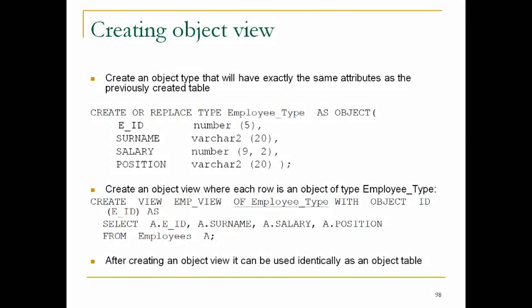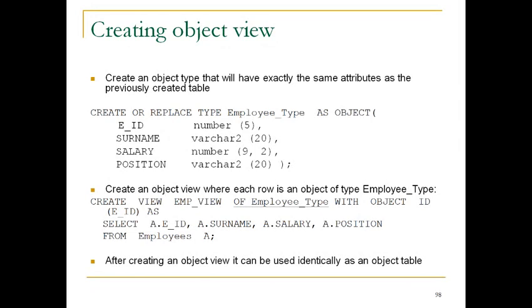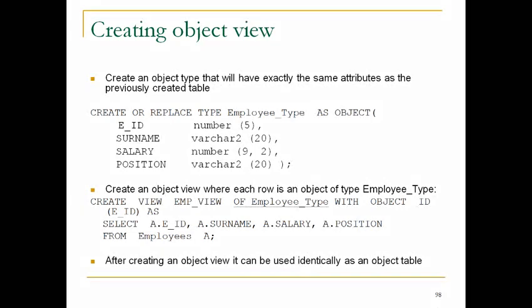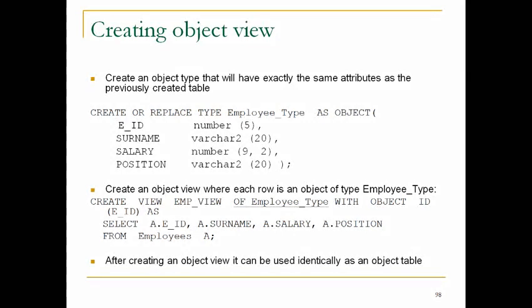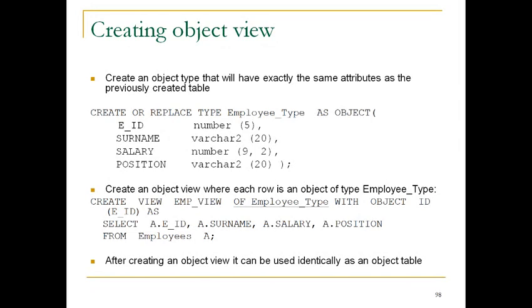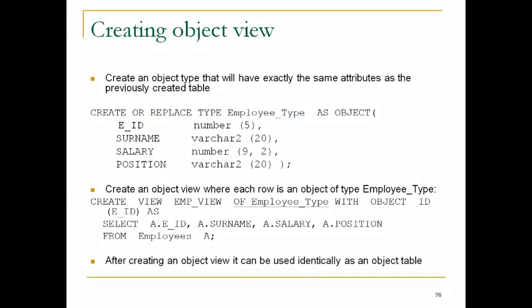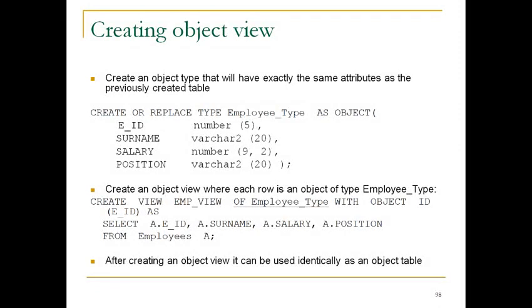And then, when we have created this object type, we can create a view. The key is the underlined part, where we say that this view, named employee view, will be of some object type. This type is defined here. And then this is an object view. Its unique identifier will be the primary key of the table.